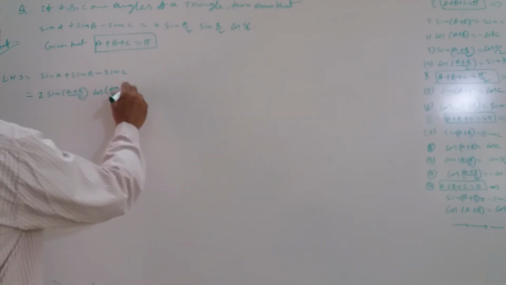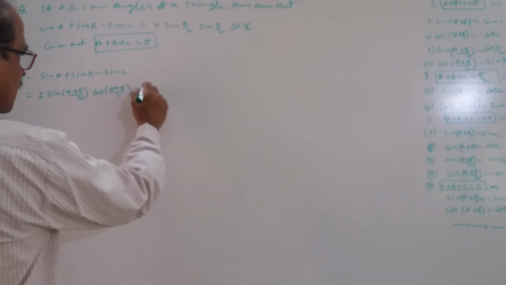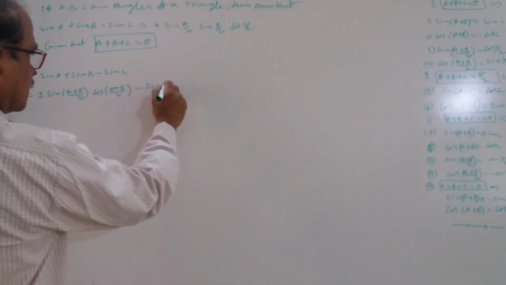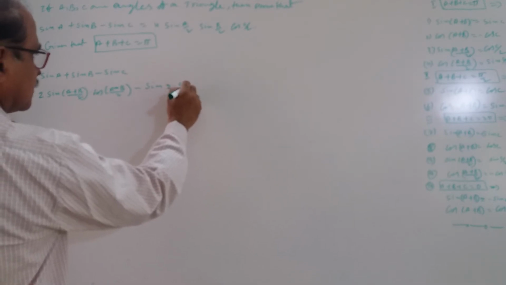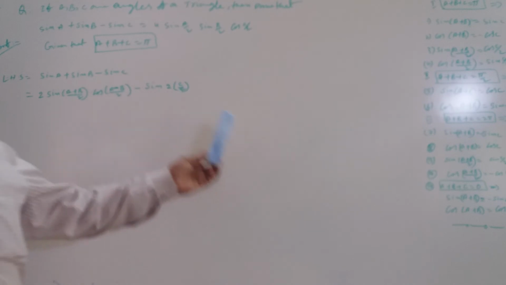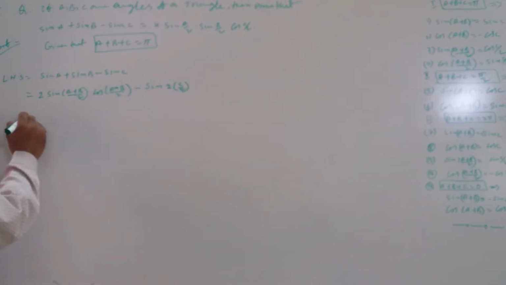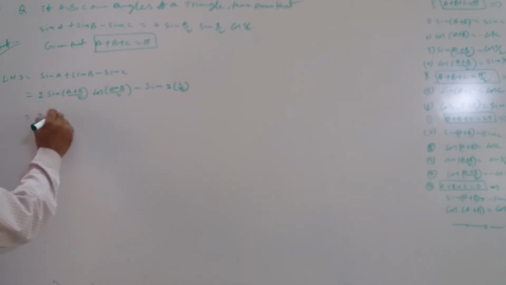Here sin C can be written as sin 2 into C by 2. We change this into sin 2 theta form.